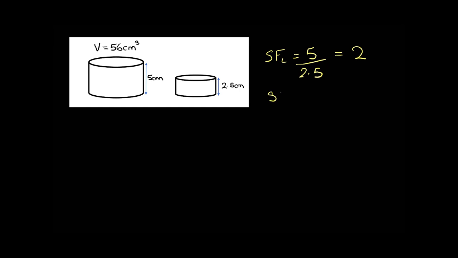To find the scale factor of the volume, we need 2 cubed, which is 8. Now, because we're going from the larger to the smaller, to find the volume of the smaller cylinder, we're going to divide by that scale factor, not multiply. So the volume of the smaller one is going to be 56 divided by 8, which is 7 centimetres cubed.